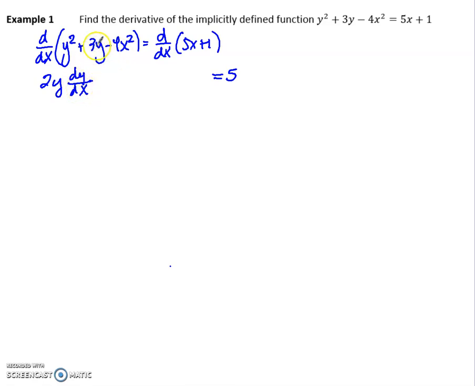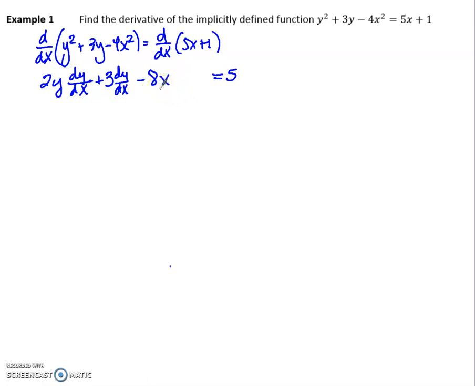So I'm going to take the derivative of 3y. I'm going to treat it as if I'm taking the derivative with respect to y, which is 3, but I'm taking the derivative of y, but with respect to x. And then the last one would be, this is getting probably a little easier, negative 8x, but I did take the derivative with respect to x, so I do not have to attach a dy dx.